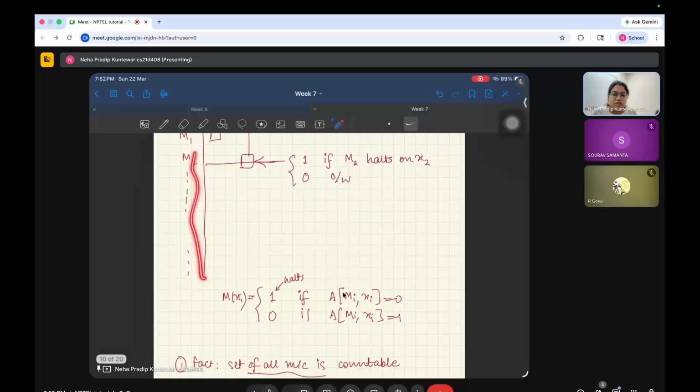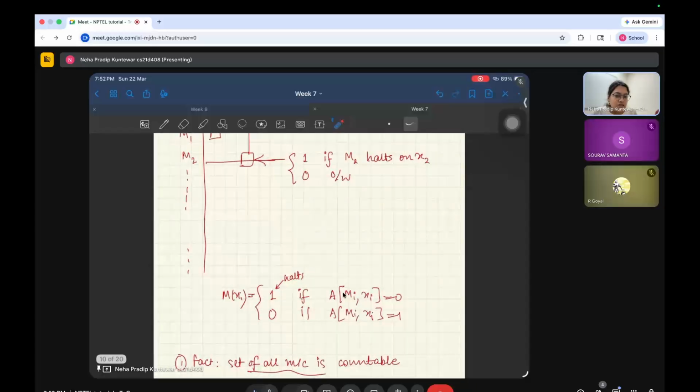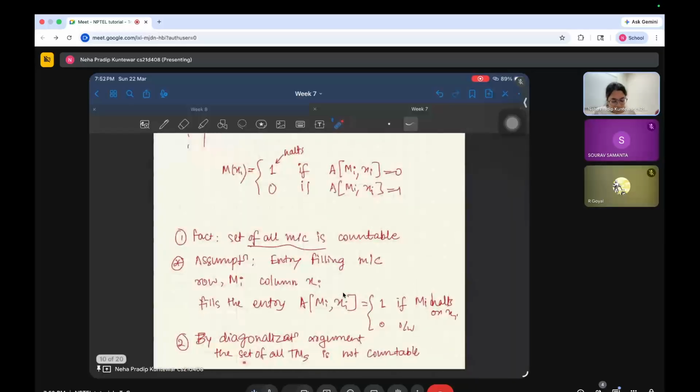It differs from all the machines that were previously listed. So that means the set is not countable because it has missed out some elements. But this is a contradiction to the fact that we know that the set of all machines is countable. Therefore such an entry filling machine cannot exist.